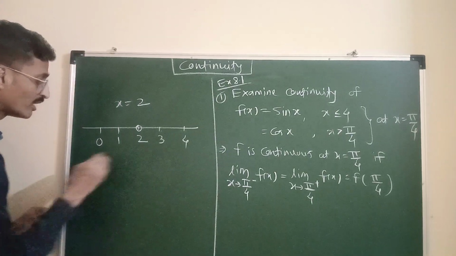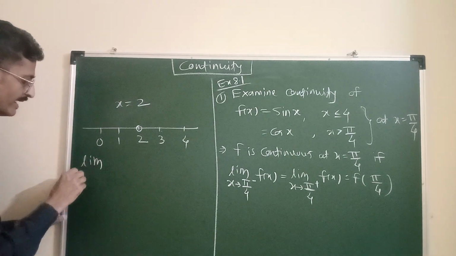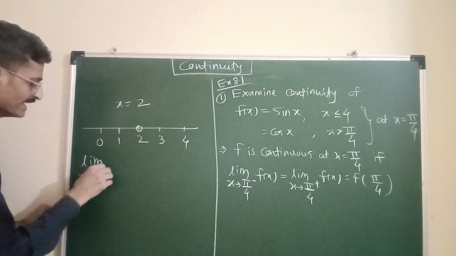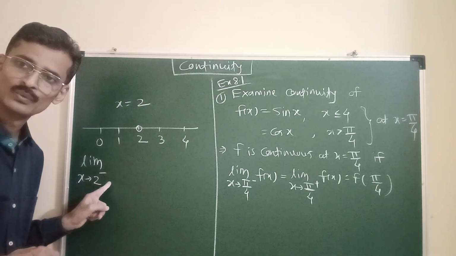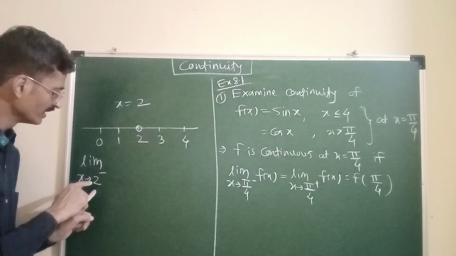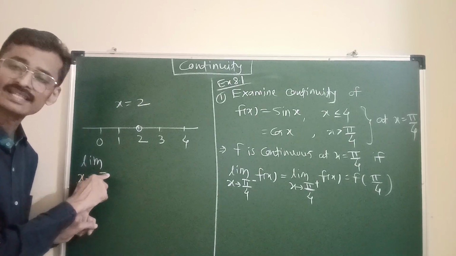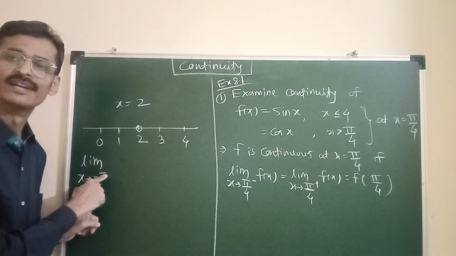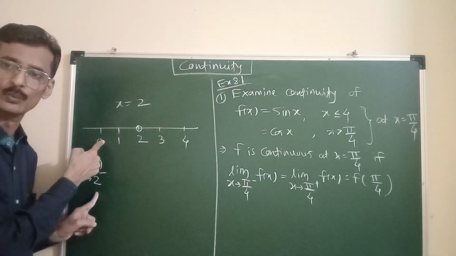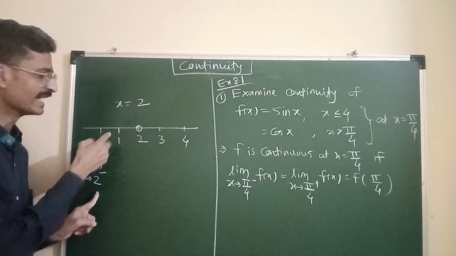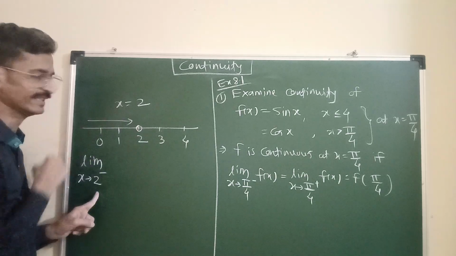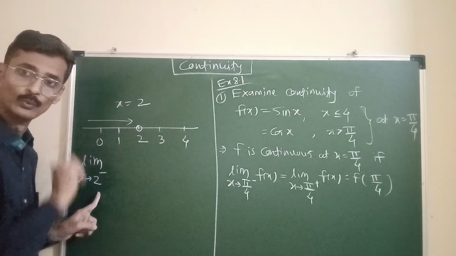So what is the meaning of this left hand side limit? Limit x tends to 2 minus, this is not minus 2, 2 is not negative here. We write 2 raised to minus sign, so this minus sign indicates that x is less than 2. That means we are coming from the left hand side towards 2.